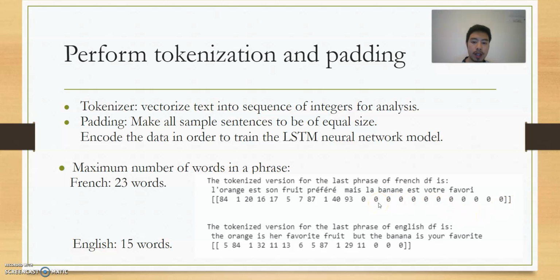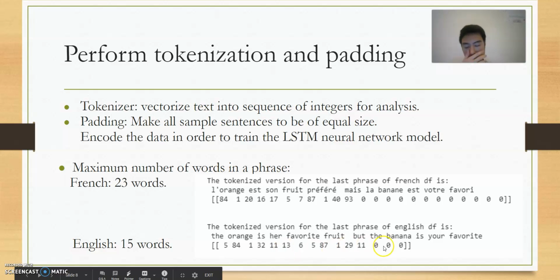All the phrases will be of equal size, which is 23 words, the longest number of words in the French dataset, and 15 for English, the length of the longest sentence in the English data. If a sentence is less than 15, then we add zeros at the end.